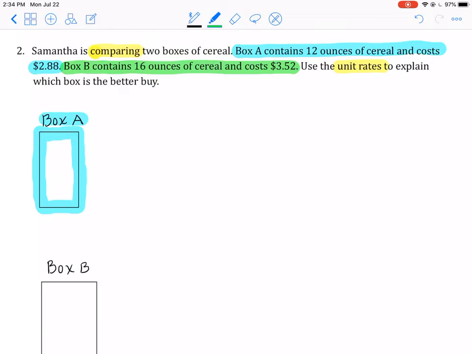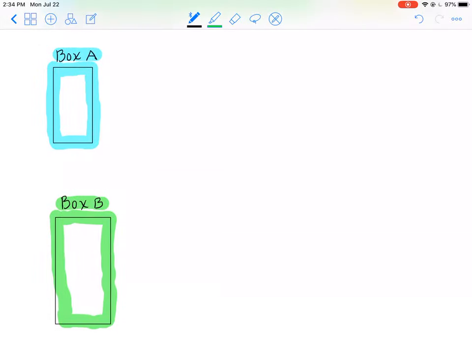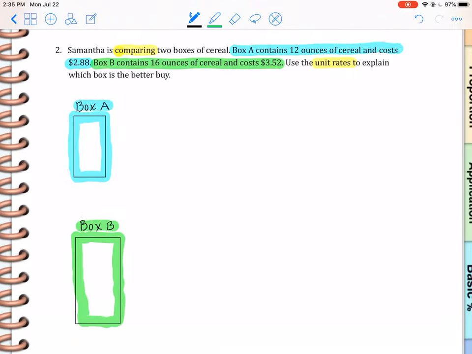And then the green one is box B. Guys, color can help you tremendously if you have especially learning problems like I do. It can help you to organize very well. Okay, box A has 12 ounces and costs $2.88. Box B has 16 ounces and costs $3.52.